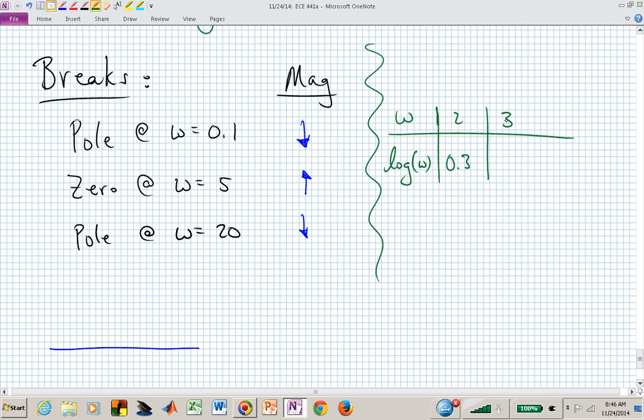At 3, it's 0.48, so that's roughly 0.5. At 4, it's 0.6, and let's say at 8, it's 0.9. And if we wanted to do 5, it's at 0.7, roughly.